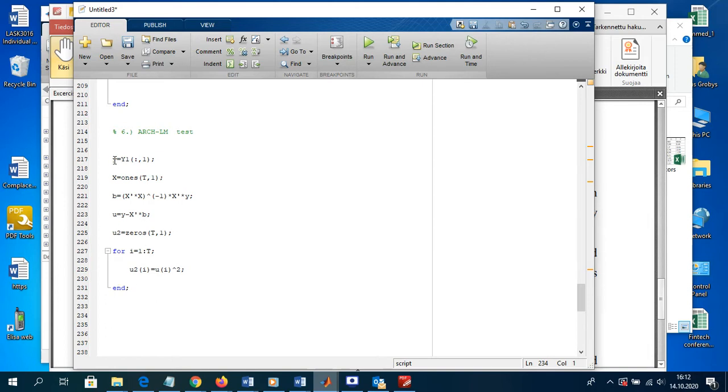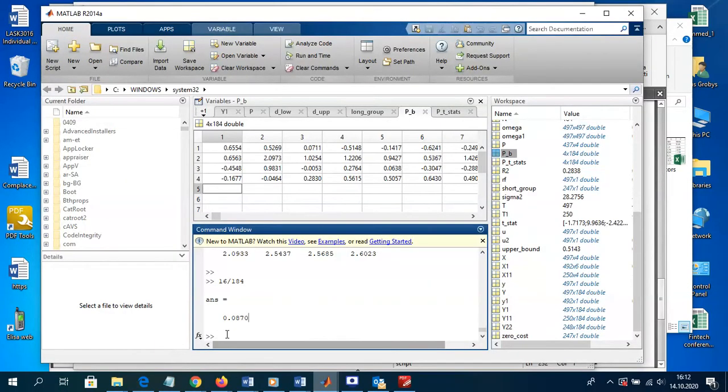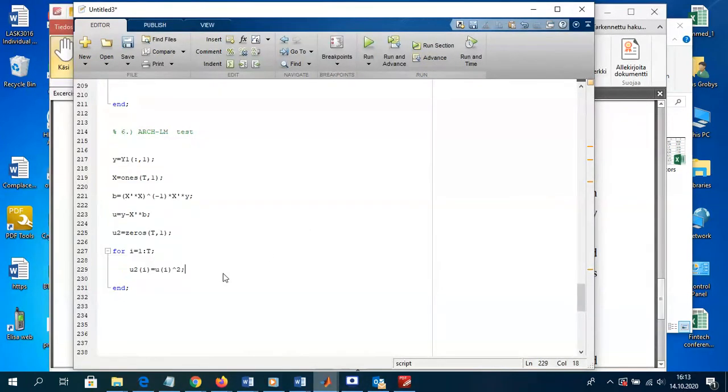Now we have constructed the squared residuals. Let's have a look at how it looks. Copy this code into Matlab in the command window and paste it in. Now it says something is wrong with the dimensions. Let us see what has happened here. Exactly, here we have to take away the prime.